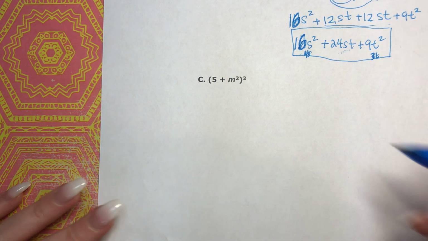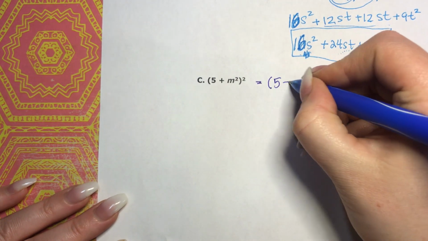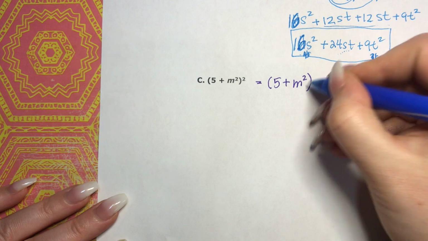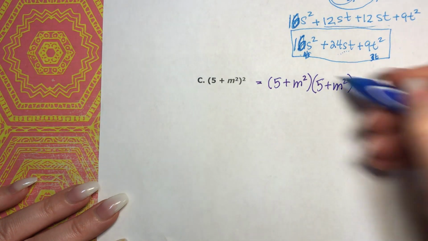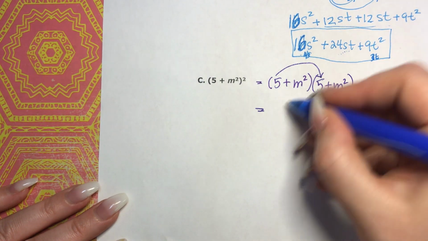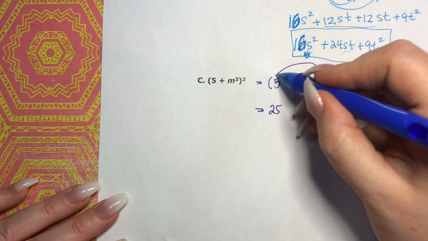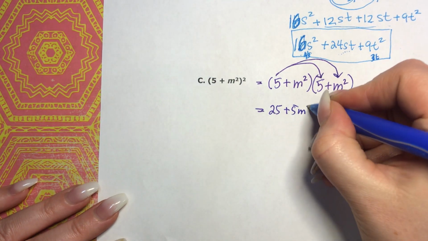Okay, so I'm just going to write this out. This is the same thing as 5 plus m squared and 5 plus m squared. Okay, now we're just going to do FOIL. So 5 times 5, right, is 25. And then 5 times m squared is 5m squared.